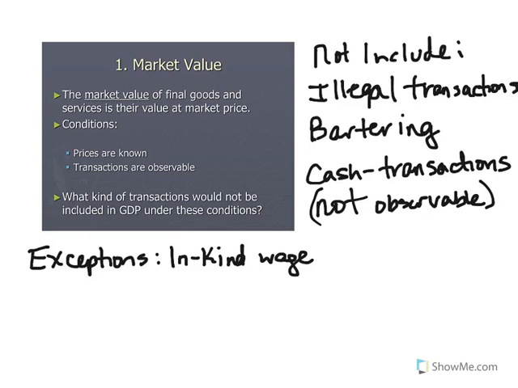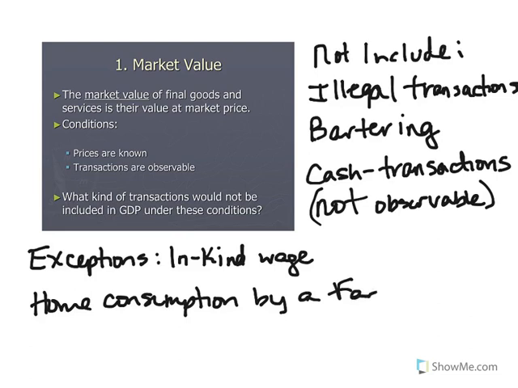Another thing would be something like home consumption by a farmer. I use that example because that may be something that occurs here in Kern County. In other words, let's say that you have land and you're a farmer, and that's how you make a living.